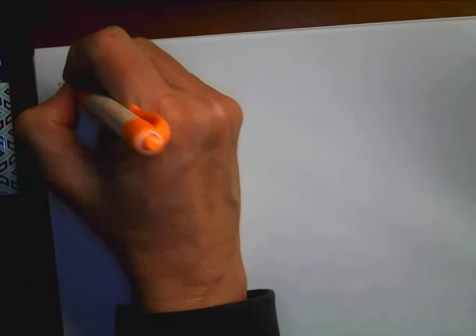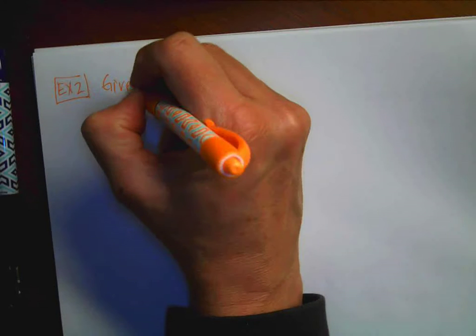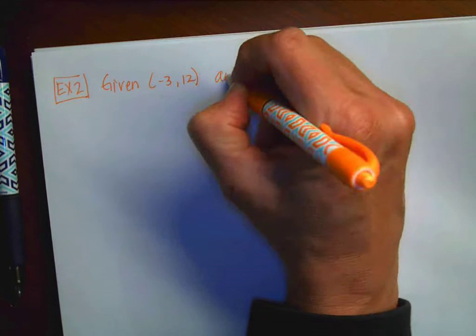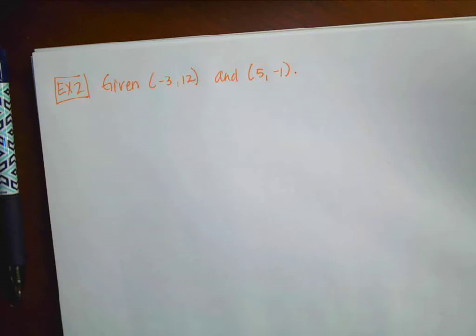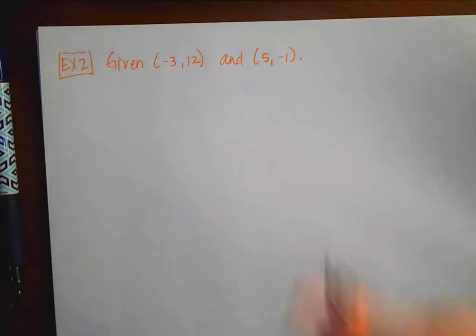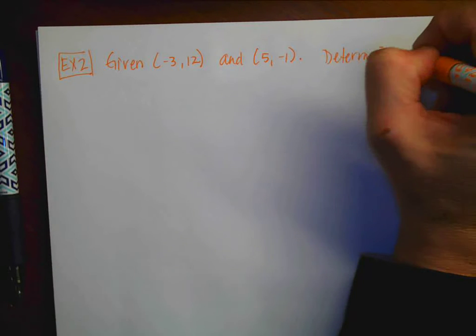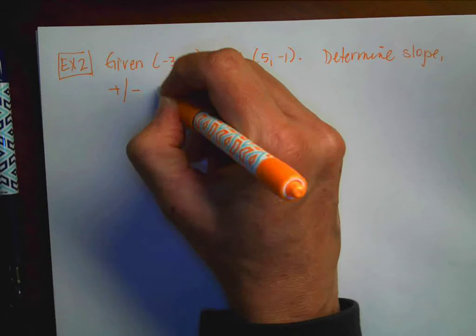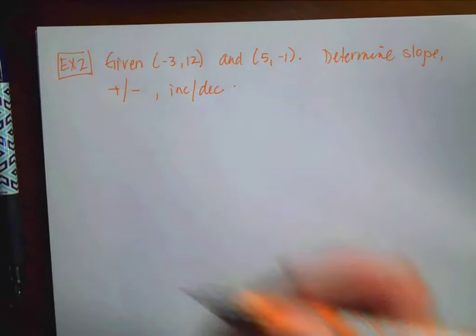All right, for our next example, example number 2, it's going to be the same type of example. We're going to be given the point negative 3, 12 and the point 5, negative 1. And I'm going to have the same directions. I want to determine the slope, and then I'm going to determine positive and negative, increasing or decreasing.